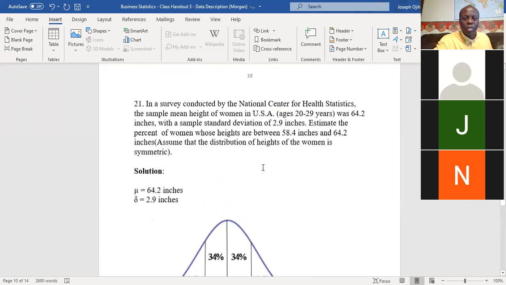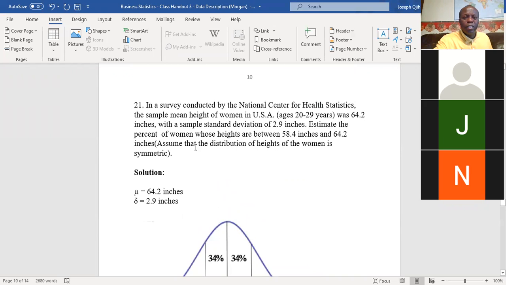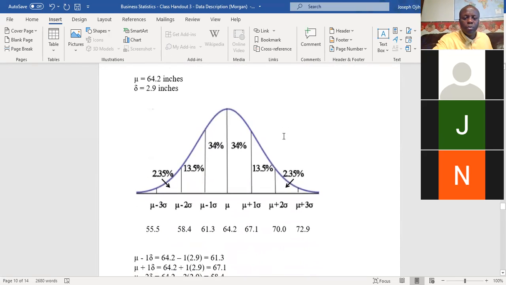So now we're ready to answer the question. It says, estimate the percent of women whose heights are between 58.4 inches and 64.2 inches.